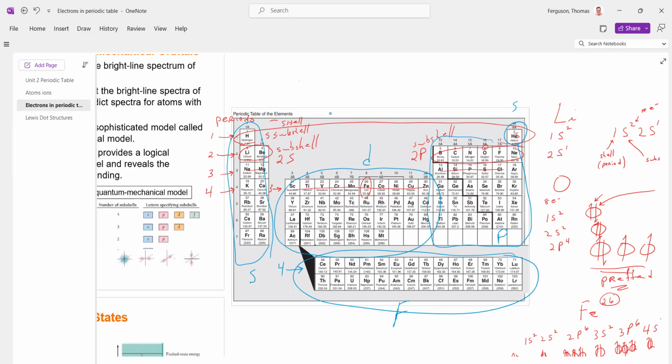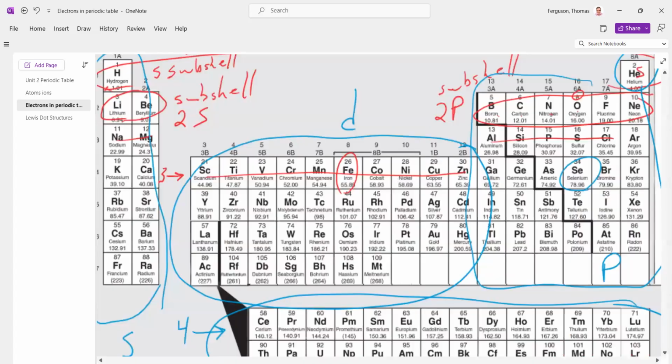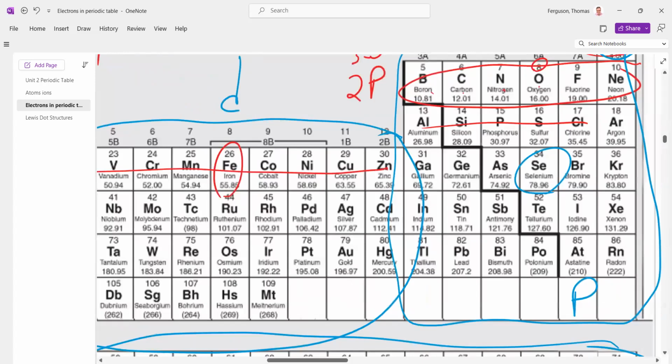Okay, so let's do another D. Let's do selenium right over here. So that has 34 electrons.